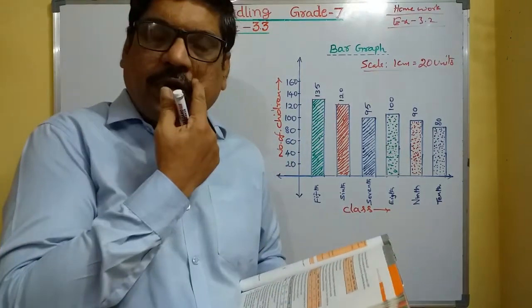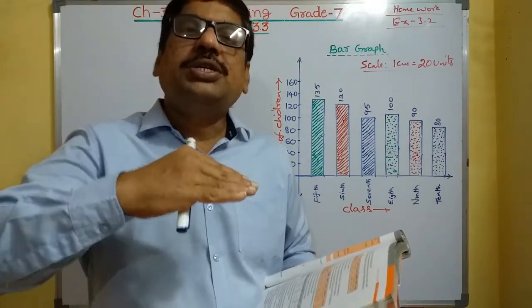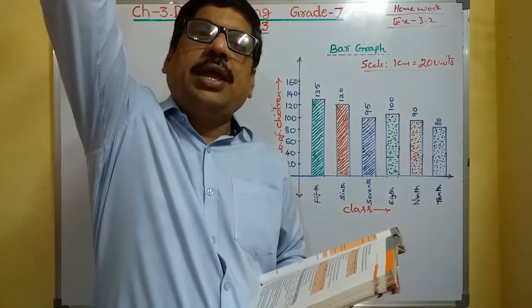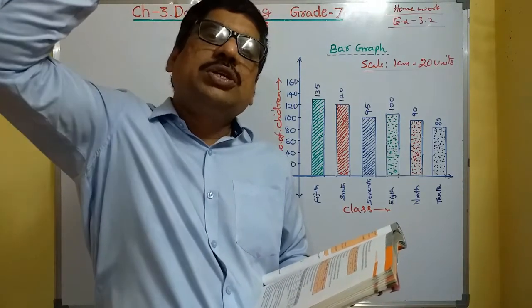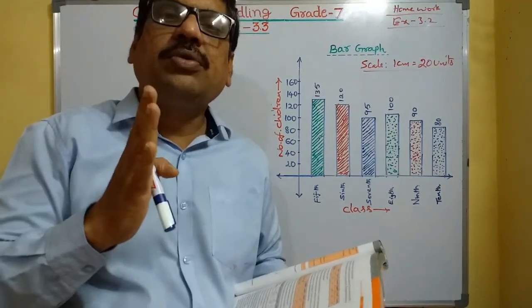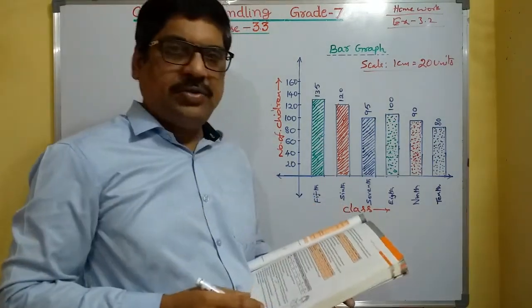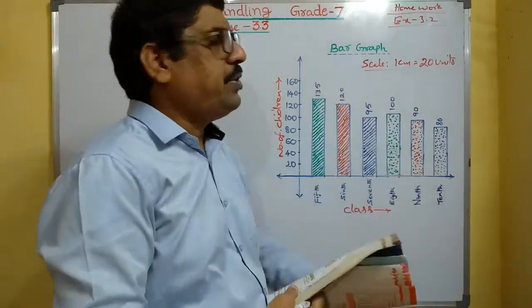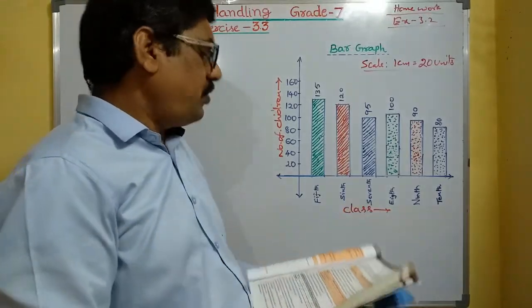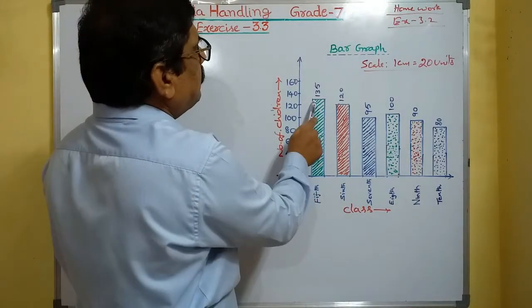For this 135, if you take 1, 2, 3, 4, we can't reach 135. It takes so much height that we can't take it on the y-axis in the graph paper. So we need to select a suitable scale. That's why I have taken 20, 40, 60 like that. The scale is 20 units for 1 centimeter. Here is the information I have drawn. For the 5th class, there are 135 students.